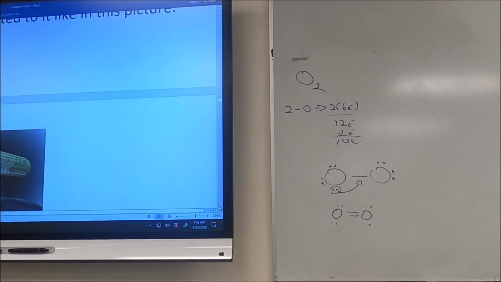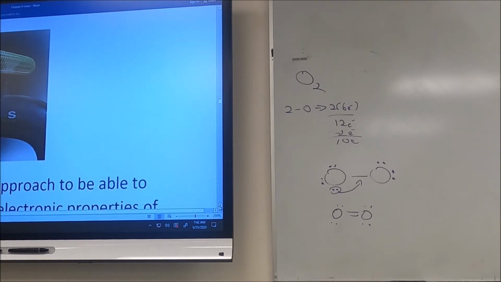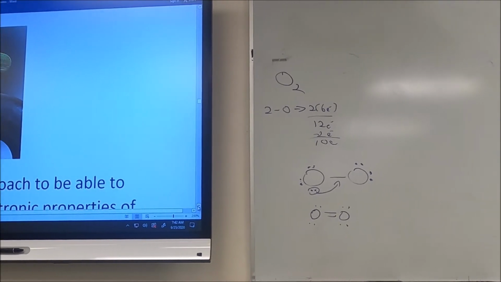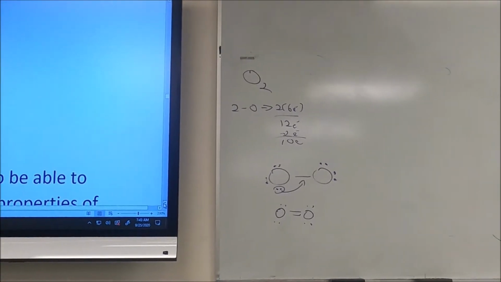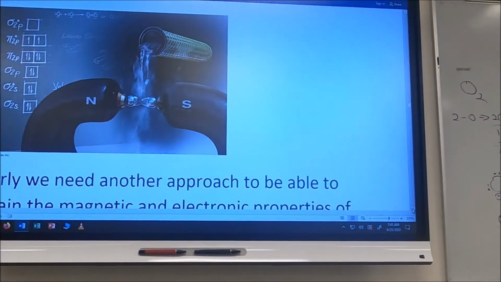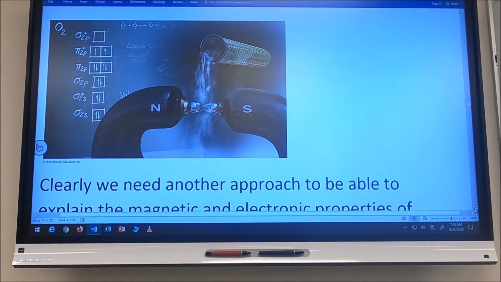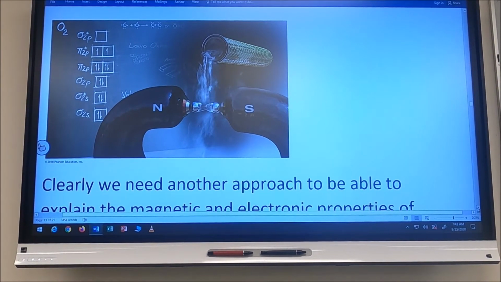to a magnetic field. Now, I don't have any liquid oxygen to play with, but I do have pretty pictures. What you're seeing here is liquid oxygen being poured between the poles of a curved magnet. So you've got a North Pole and a South Pole.